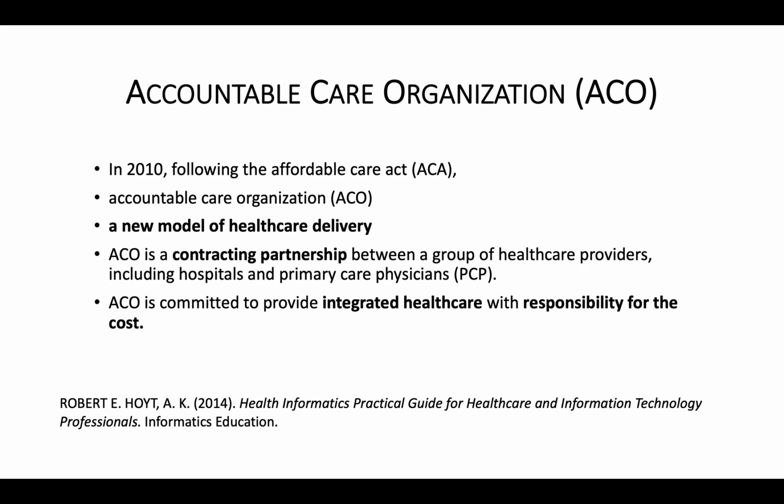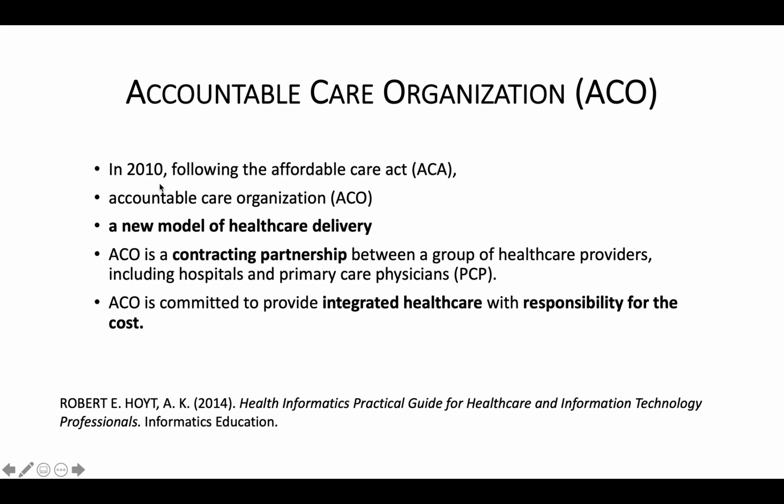And really quickly, I will go over accountable care organization, which is important from one aspect, because we are implementing this model of care in our country, the accountable care organization. So what is the story behind this?